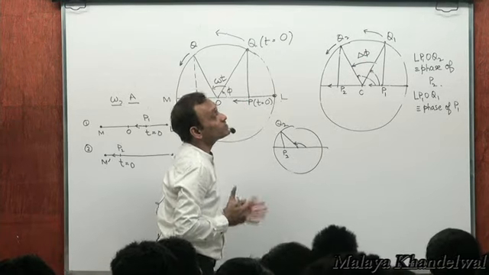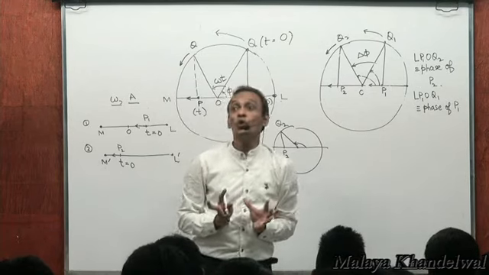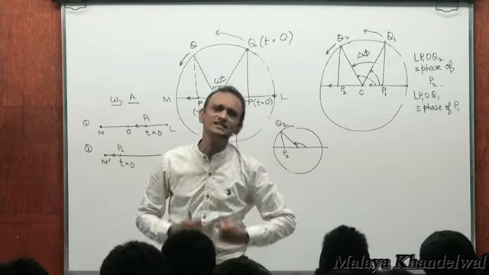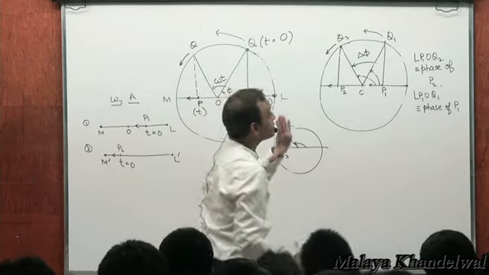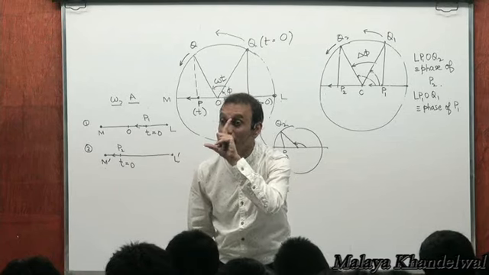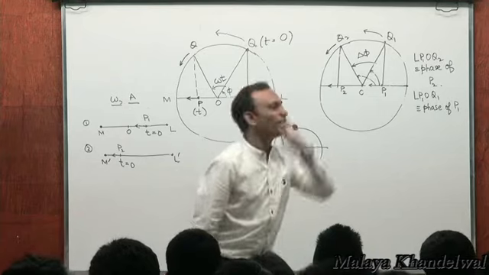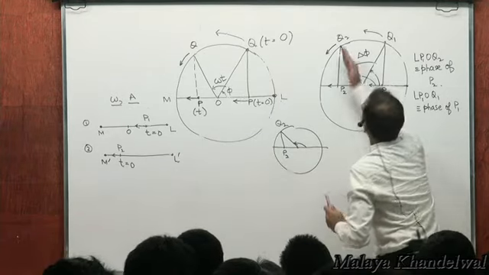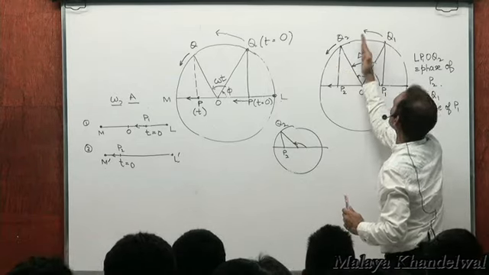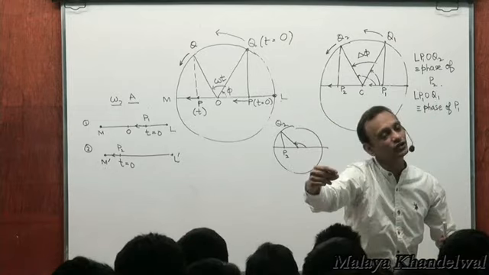Now, if this is the phase difference between these two oscillations, then this is the only thing that the two oscillators differ in. Everything else is the same. Realize that if delta phi is the phase difference found at a certain instant of time, then delta phi will be the phase difference at all instants of time. Why? Because 1 second later, the amount by which OQ2 rotates would be the same as the amount by which OQ1 rotates, because Q1 and Q2 have the same angular velocity.